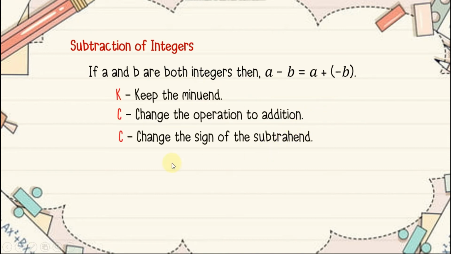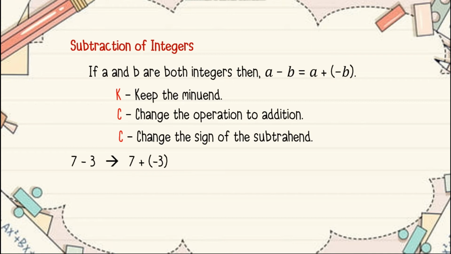What is that KCC? You keep the minuend, you change the operation to addition, and you change the sign of your subtrahend. Again, KCC. Let's say for example, we have 7 minus 3. So let's keep 7, change this into plus sign, change the sign of 3, and it will become 7 plus negative 3.